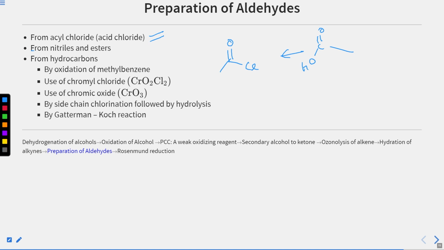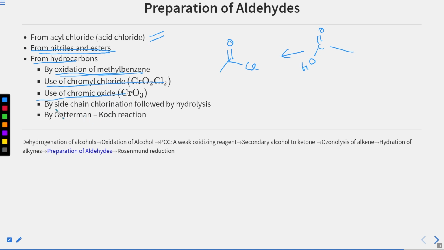Further, we can also use nitriles and esters. In the case of nitriles and esters, we take a Grignard reagent, or we can do the Stephen reaction, and using all of those we can create our aldehyde or ketone. What will happen if we take a hydrocarbon? Suppose we are taking methyl benzene; you can use chromyl chloride, or other formic acid.